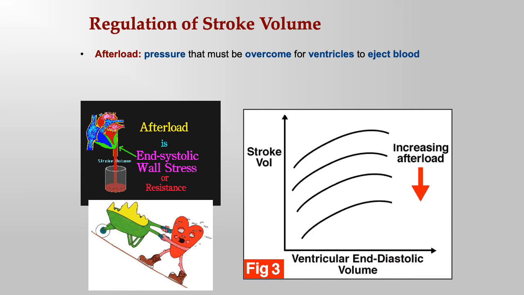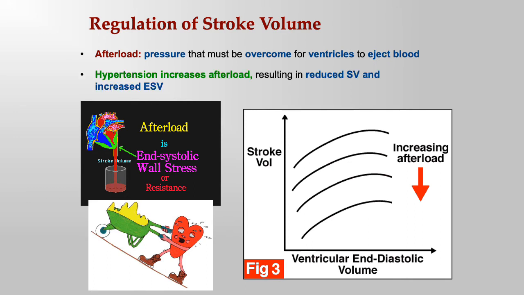Well, think about it. The next time the ventricle pumps, it doesn't just have to open the valve, it has to move all the blood sitting on top of the valve. That blood is afterload. See, that blood adds pressure that has to be overcome in order to pump blood out of the heart. So in general, the biggest factor that we're going to be concerned with is hypertension, high blood pressure.